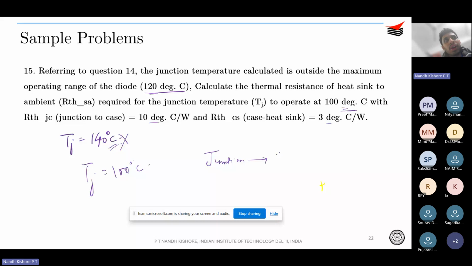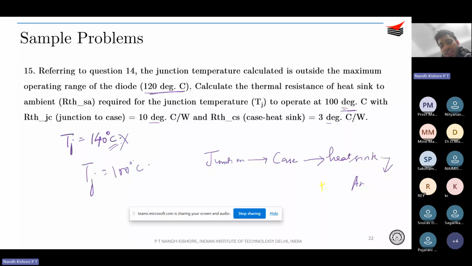So we have the junction, which refers to the die inside the device, and it is then encased in a casing, and that is what you actually refer to as a device every time. So you have the case, and over the case you want to attach a heat sink, and the heat sink is in contact with the ambient. So you have three stages over here.